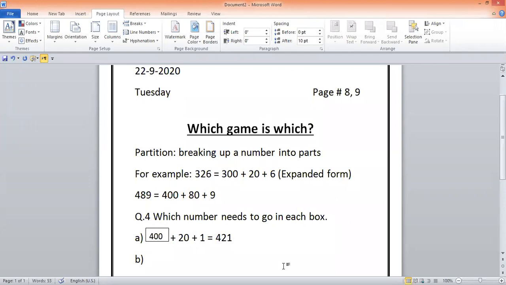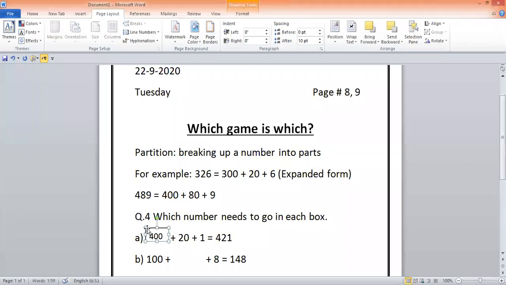Now I'm going to write B. B is 100 plus dash plus 8 equals 148.